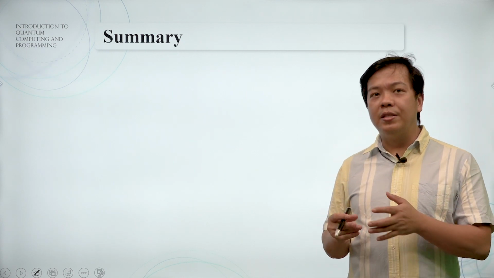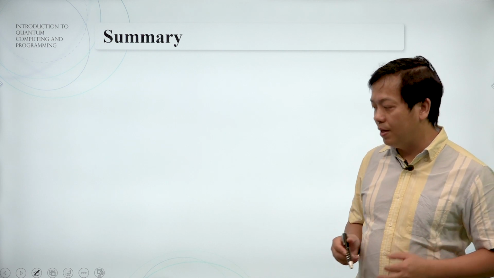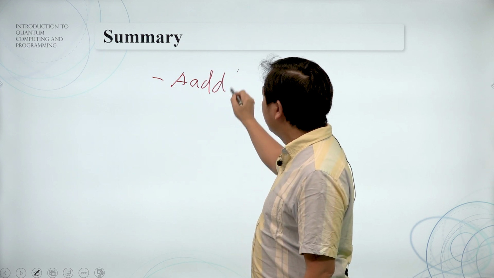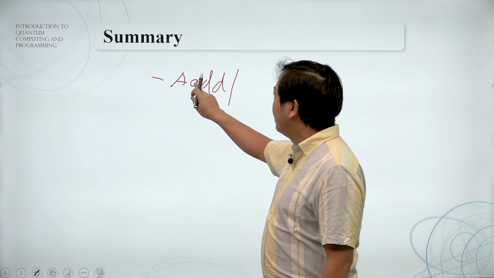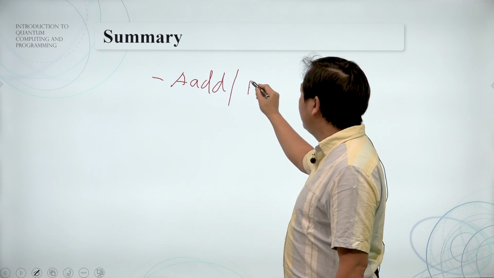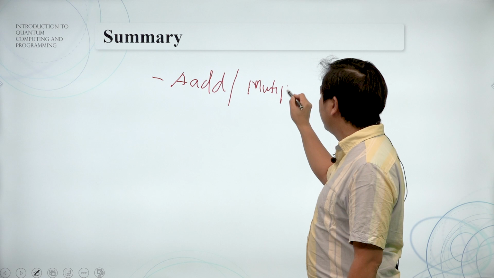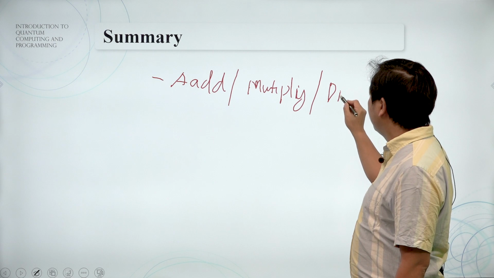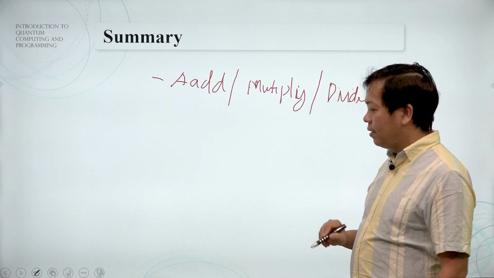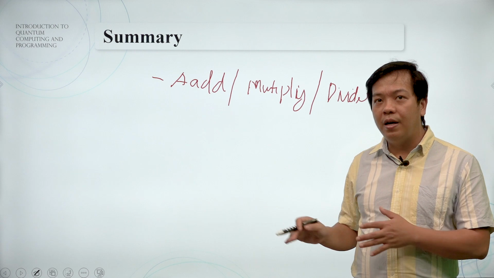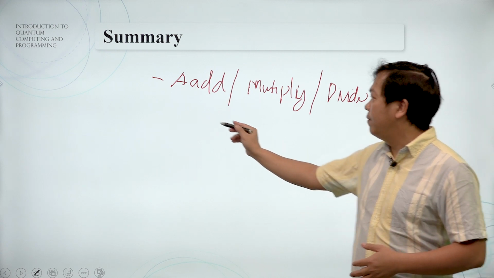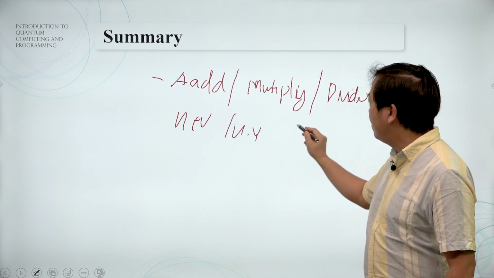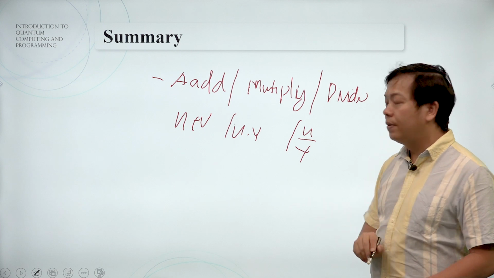Okay, so in this lesson, I already told you how to add, multiply and divide complex vectors: U plus V, U minus V. That's first.